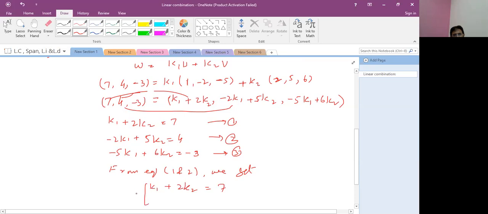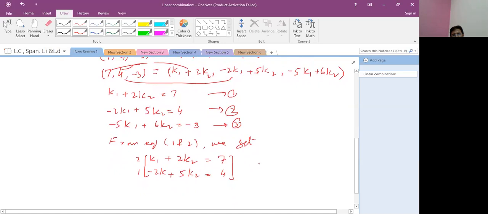If we multiply by 2, because the second equation is similar but the sign is opposite, we get 2 K1 plus 4 K2 equals 14, and minus 2 K1 plus 5 K2 equals 4.